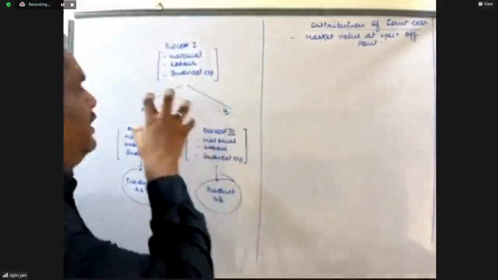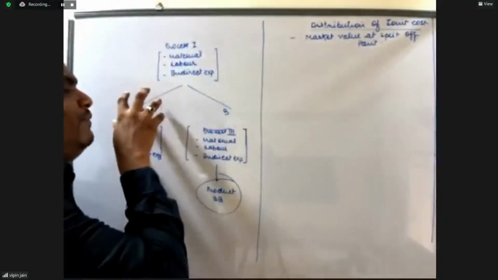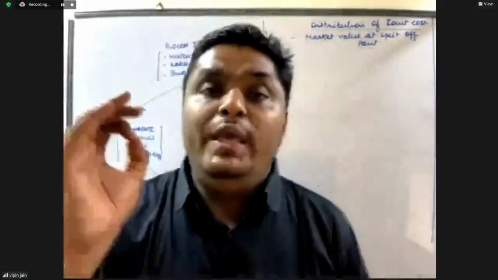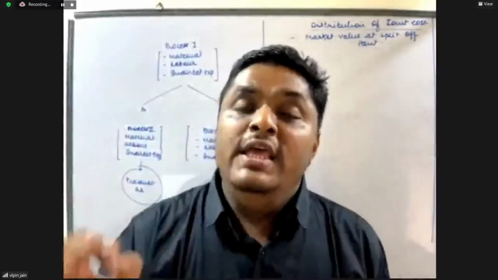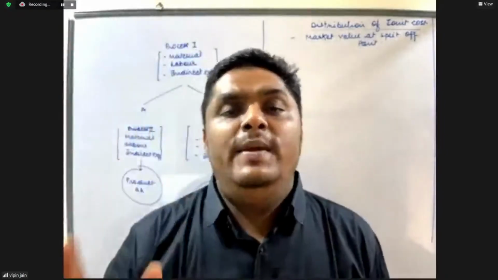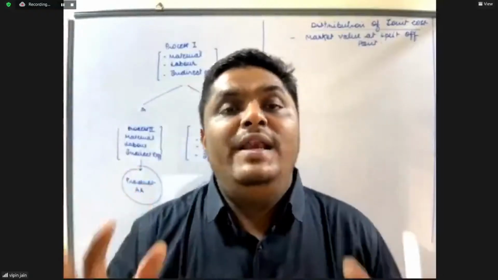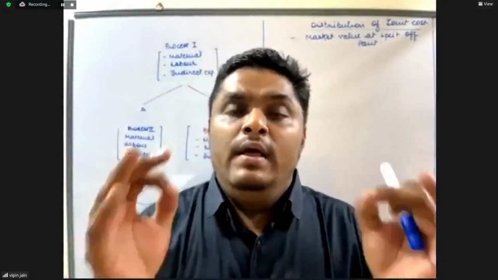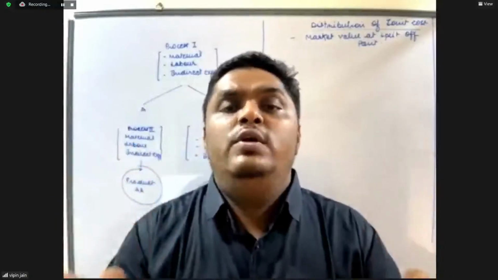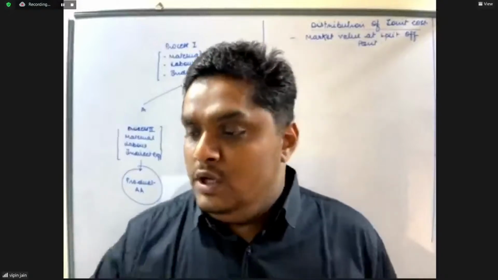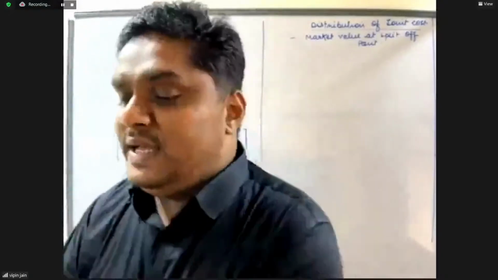To distribute the joint cost in the ratio of market value at split-off point. So if we have the market value of A and B, even though we are not selling A and B but there are some companies who are selling A and B, and the market value is readily available, distribute the joint cost in the ratio of market value at split-off point. So let me discuss this with the help of an example.